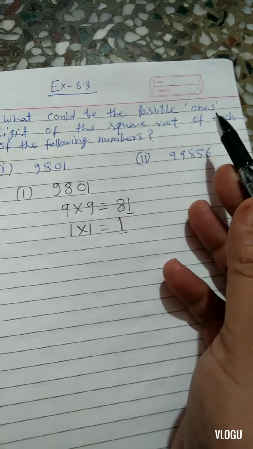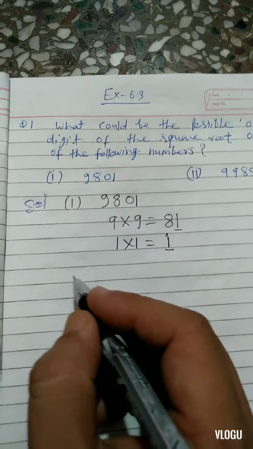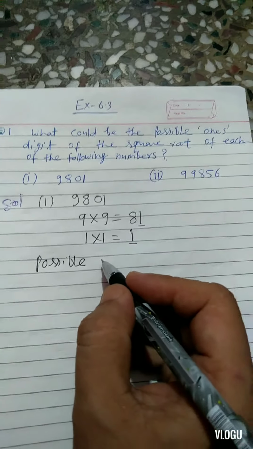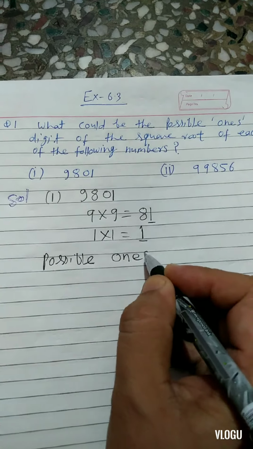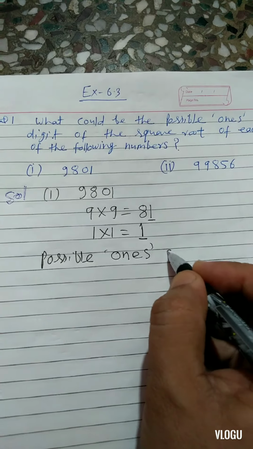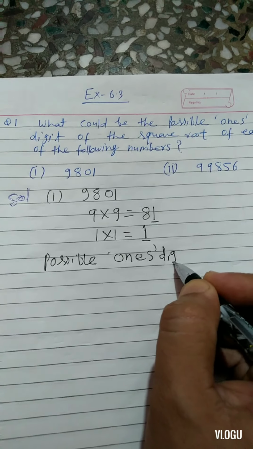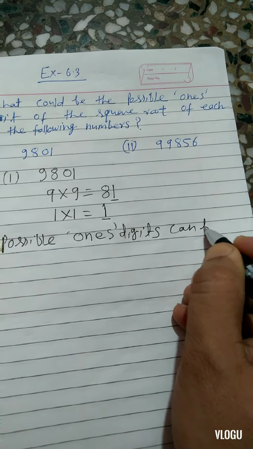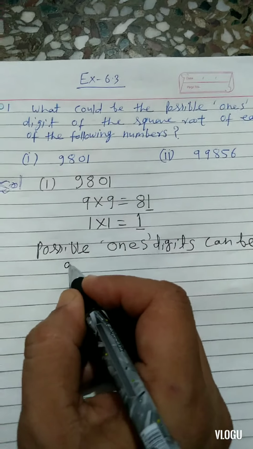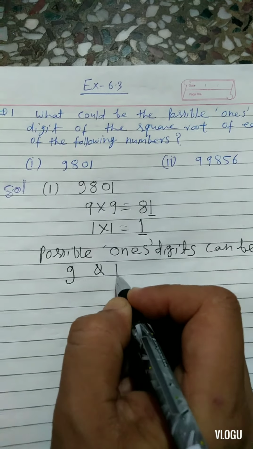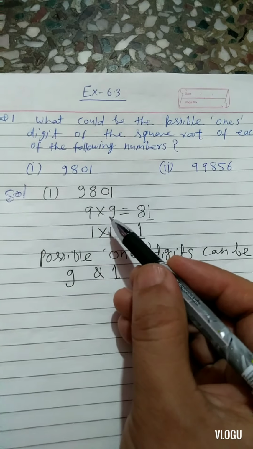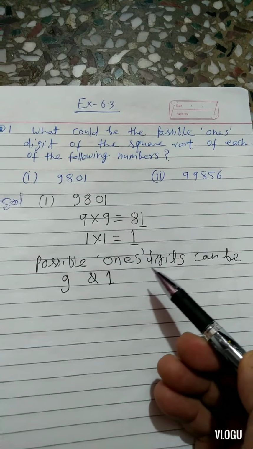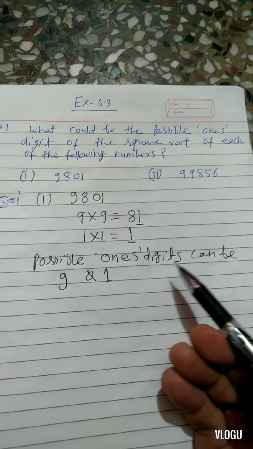So the possible ones digits of the square root of this number can be 9 and 1.